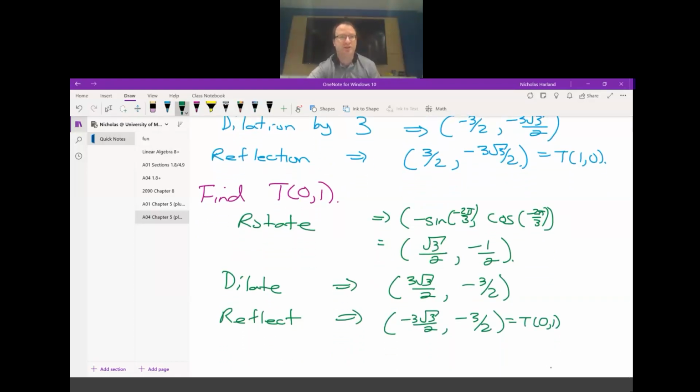And what do we do with this T of (1, 0) and T of (0, 1) in order to make our standard matrix? T of (1, 0) is the first column: 3 halves, negative 3 root 3 over 2, and then negative 3 root 3 over 2, negative 3 halves.